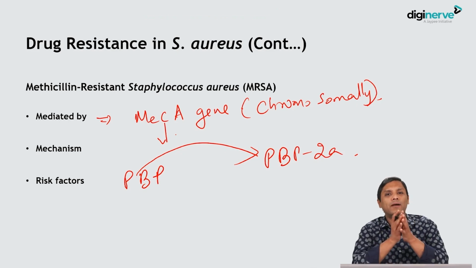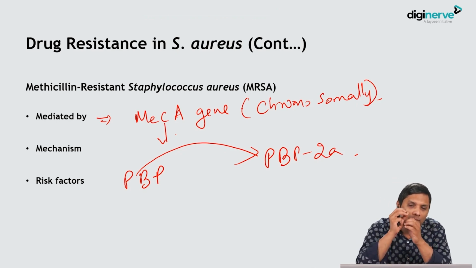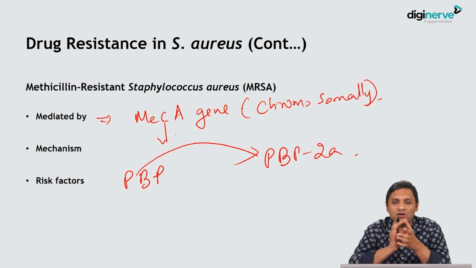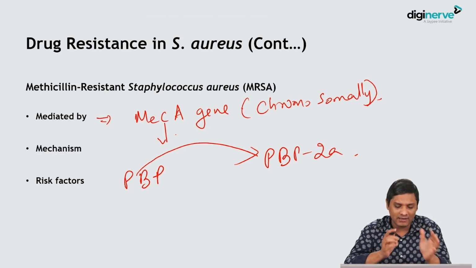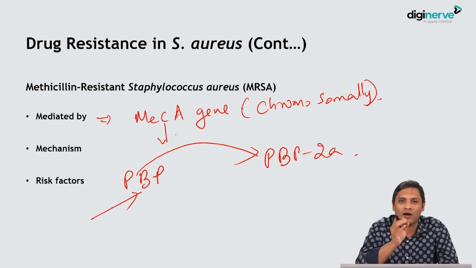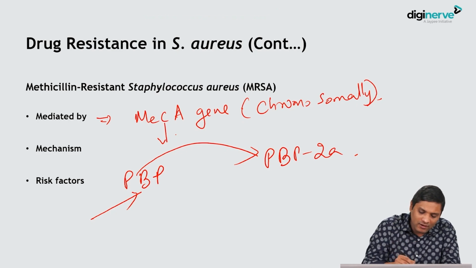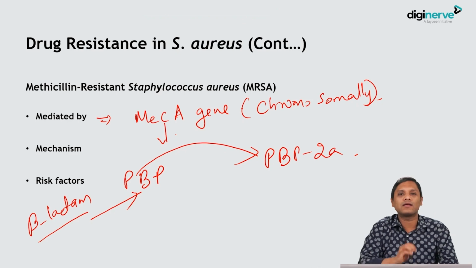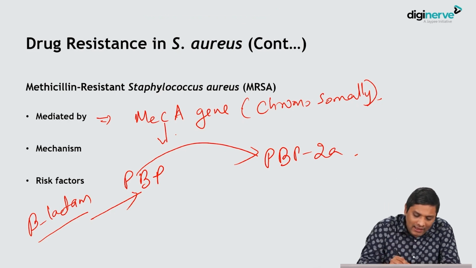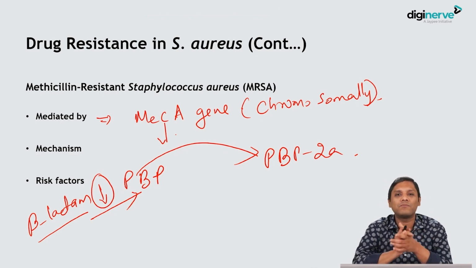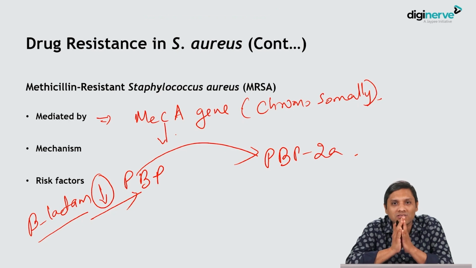You know that penicillin binding protein is a protein present on the cell wall of various organisms including Staphylococcus aureus, and most beta-lactam antibiotics bind to this protein. Why is it called penicillin binding protein? Because it is a site of attachment of the beta-lactam group of antibiotics. So the beta-lactam antibiotics bind to this protein and inhibit it, and thereby inhibit cell wall synthesis.